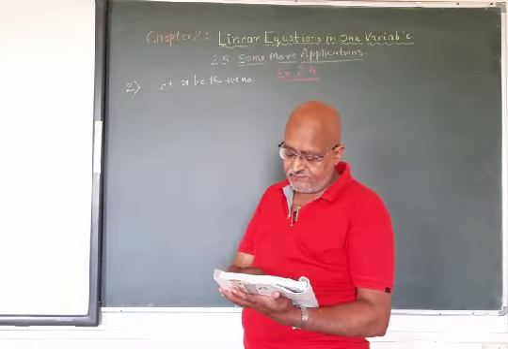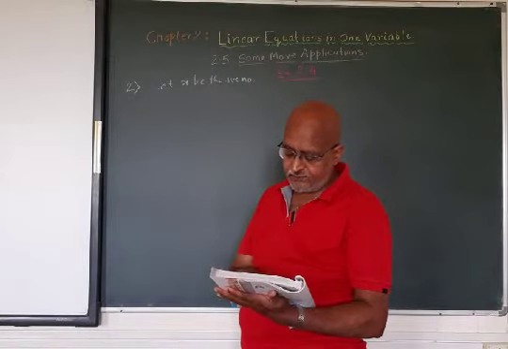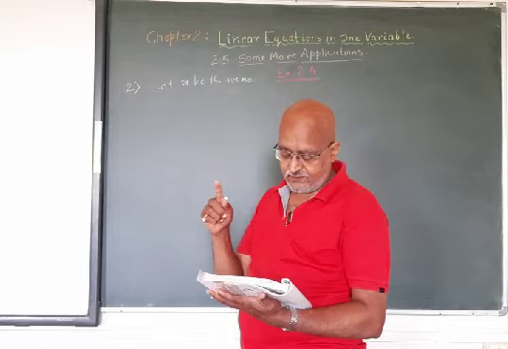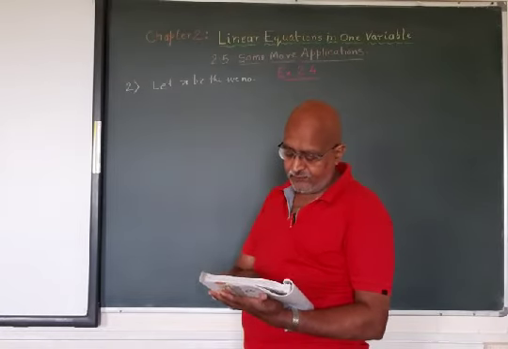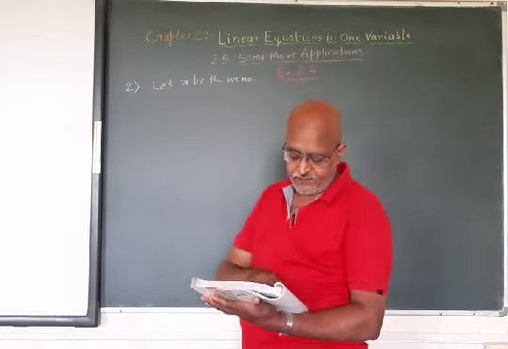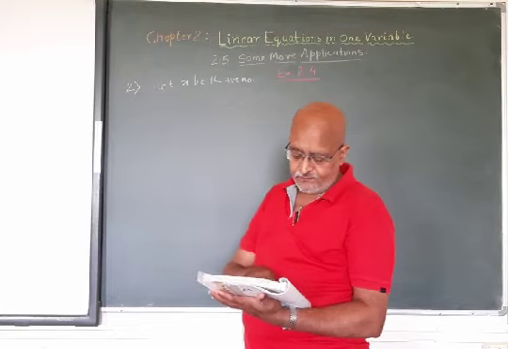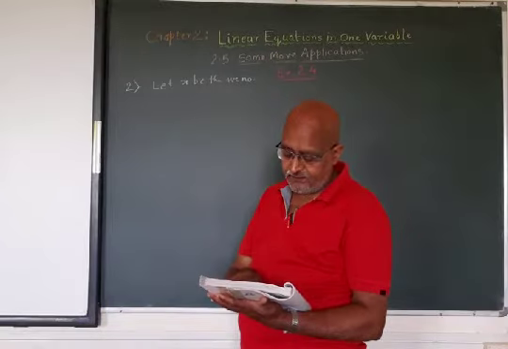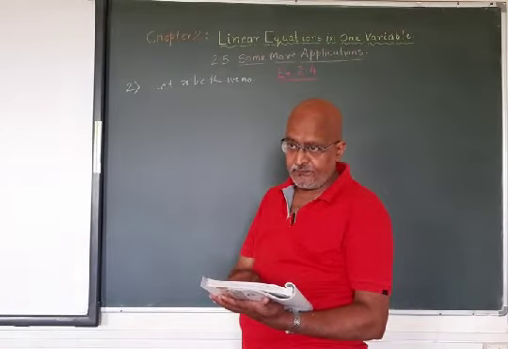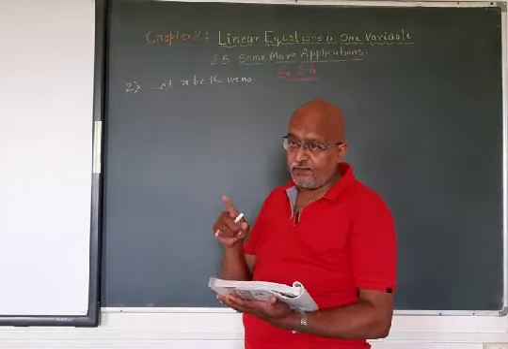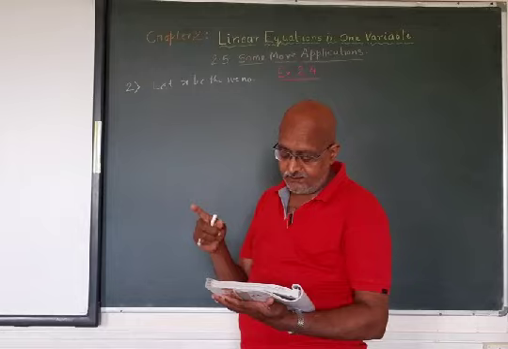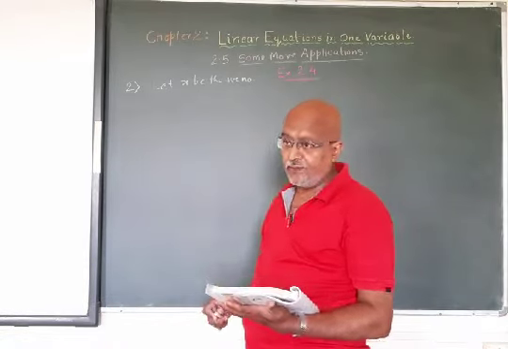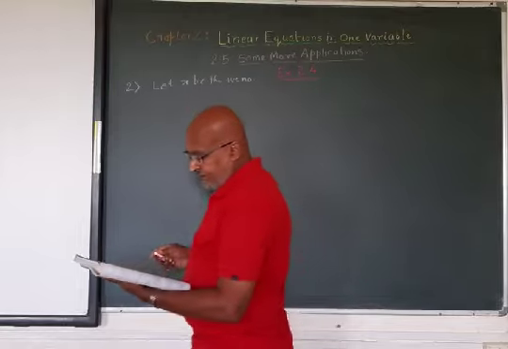If 21 is added to both the numbers, that is x and 5x, then one of the new numbers becomes twice the other new number. What are the numbers?